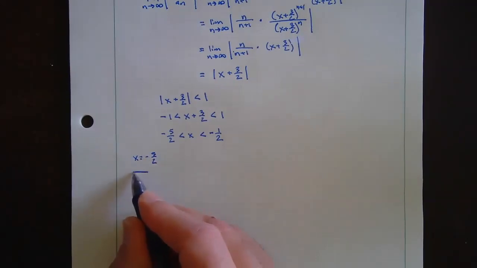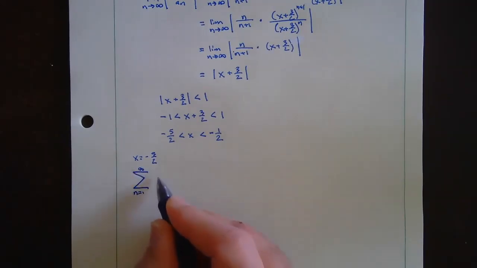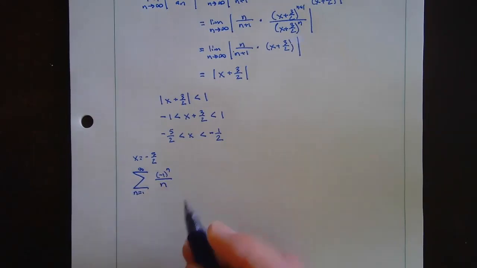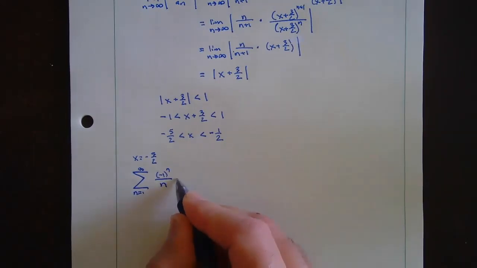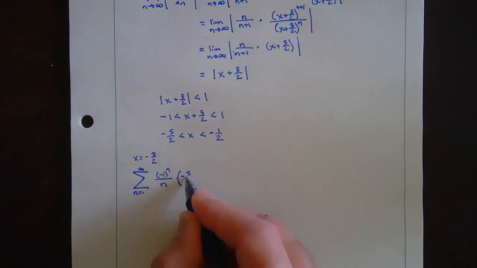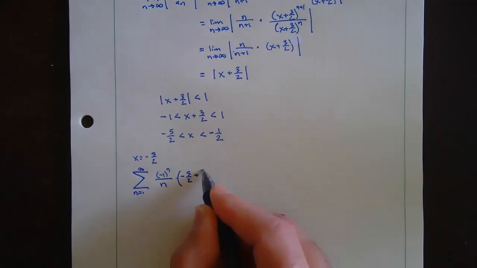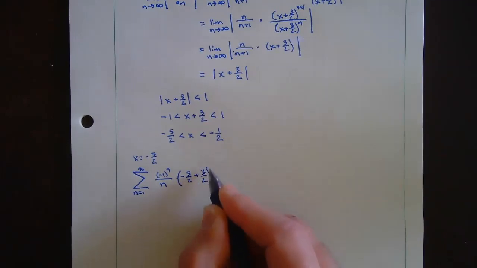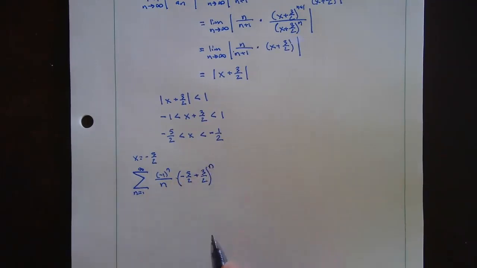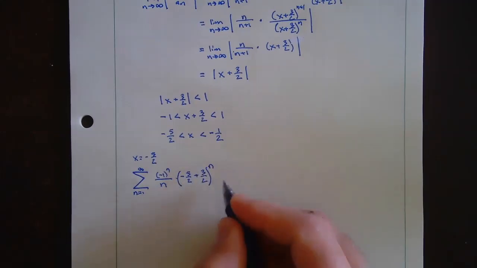That makes the series the sum from n equals 1 to infinity of -1 to the n over n, times (-5/2 plus 3/2) raised to the n power. This is -5/2 plus 3/2, which is -2/2, which gives you -1.